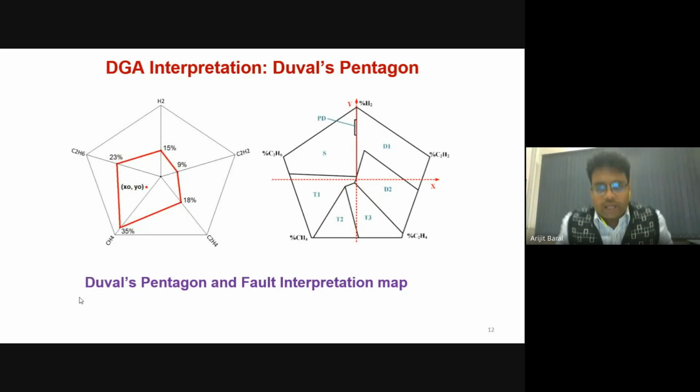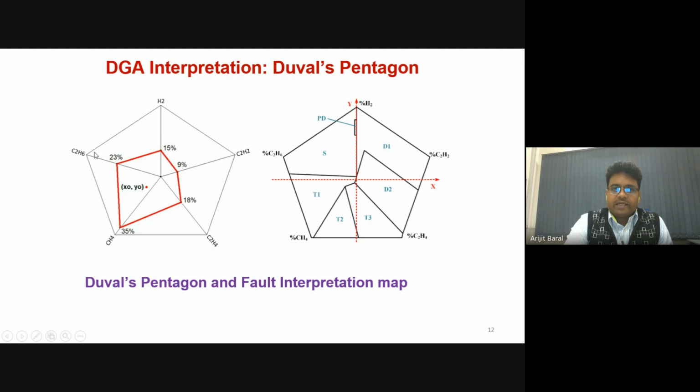In order to show you the advantage of principal component analysis, let me first explain what this is. This is known as Duval's pentagon. You can see on the left hand side a pentagon with different gases marked over here: H2, C2H6, CH4, C2H4 and C2H2.